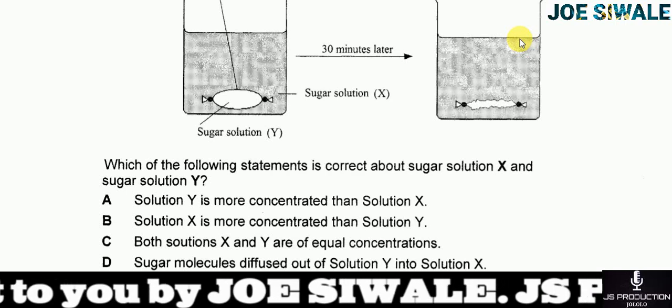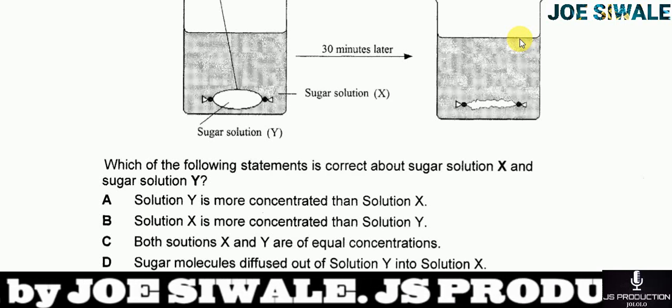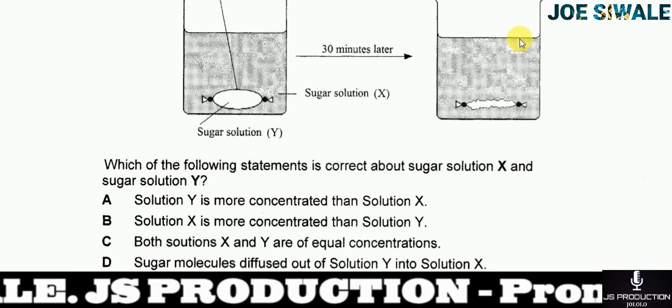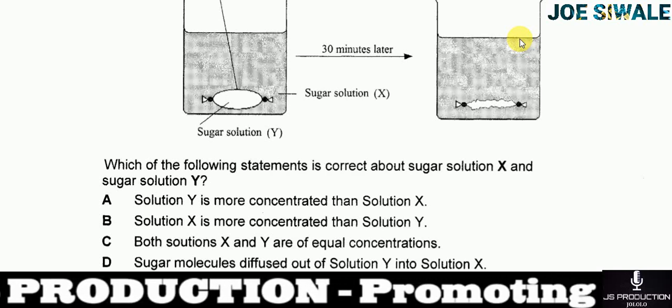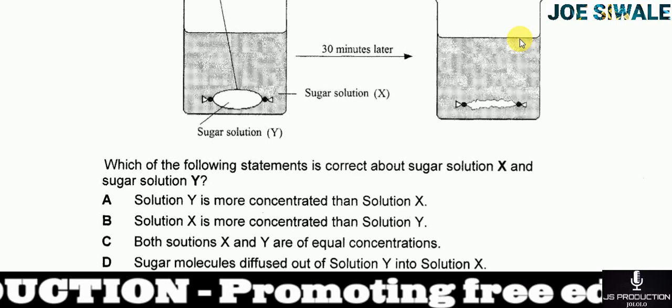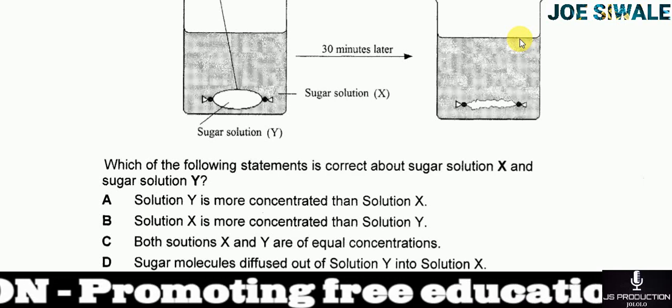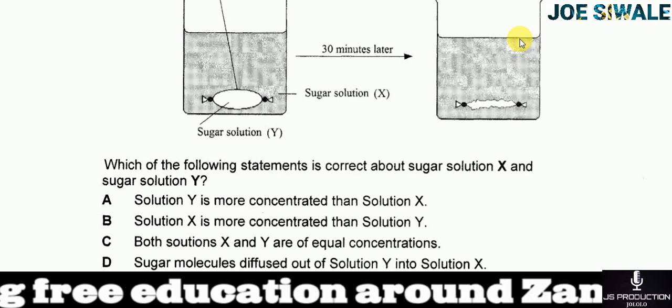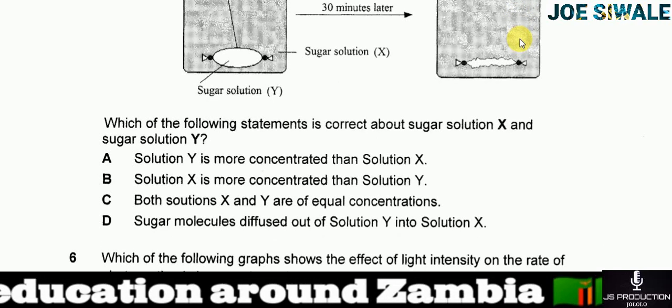D states sugar molecules diffused out of solution Y into solution X. So here my answer is B, which states solution X is more concentrated than solution Y.